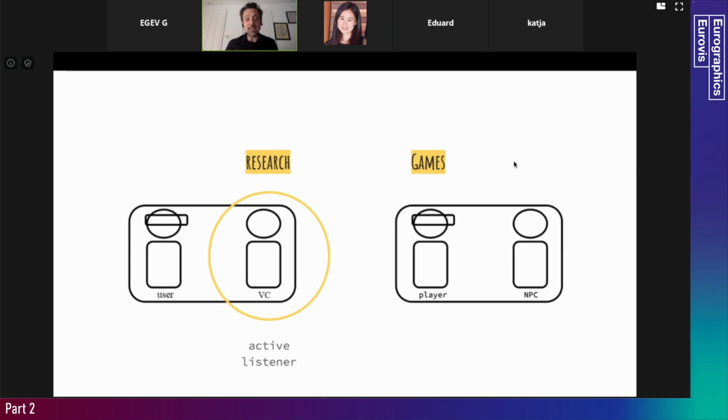So in a game situation, what you are looking for is the player to be a listener and the character to lead most of the dialogue, which is going to be high quality scripted dialogue, and the player to be responding to that, and the character to be a speaker, but one that responds to what the player is doing.